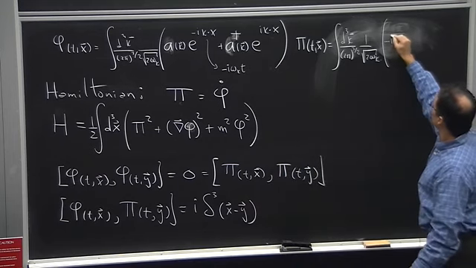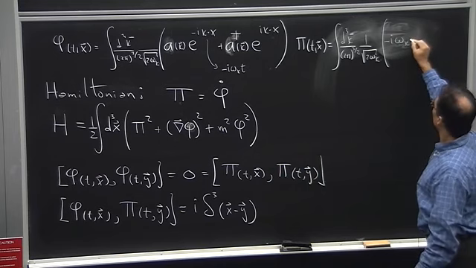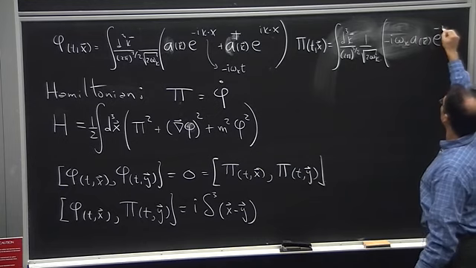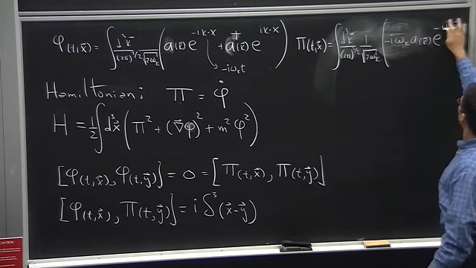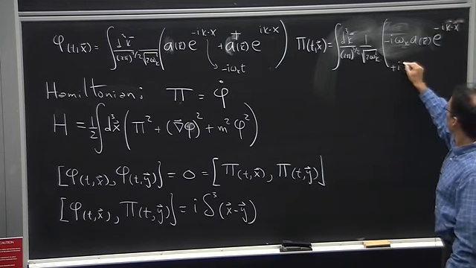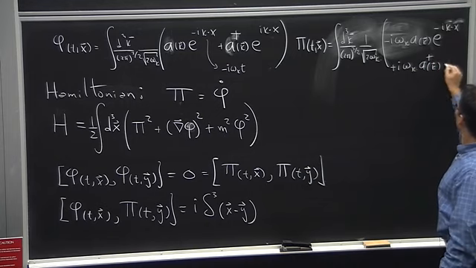So we just get minus i omega_k a_k e to the minus i k dot x. Sorry, these are 4 vectors. And on this side, we get plus i omega_k a dagger.